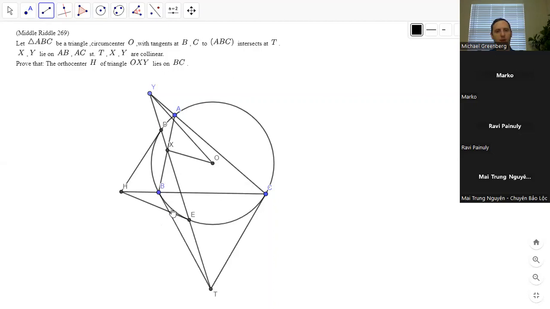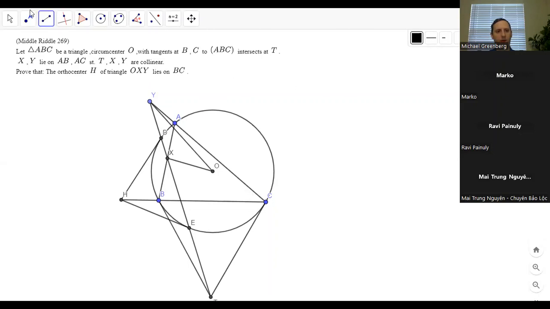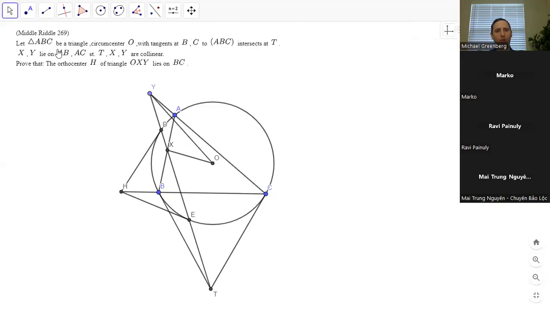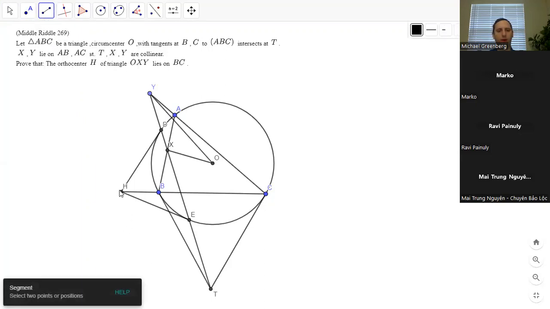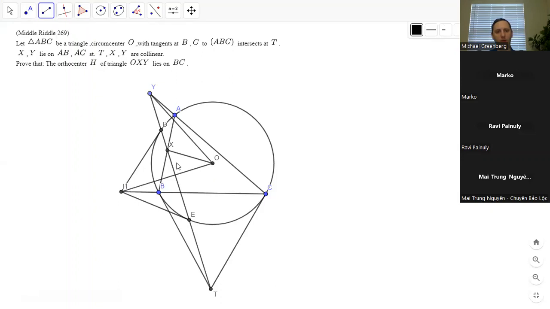So DBEC is harmonic. And so OH is perpendicular to XY. And then we need to show the other two, right? So OH is perpendicular to XY, we know that. We need to show either that XH is perpendicular to OY or, obviously this is the midpoint of DE.